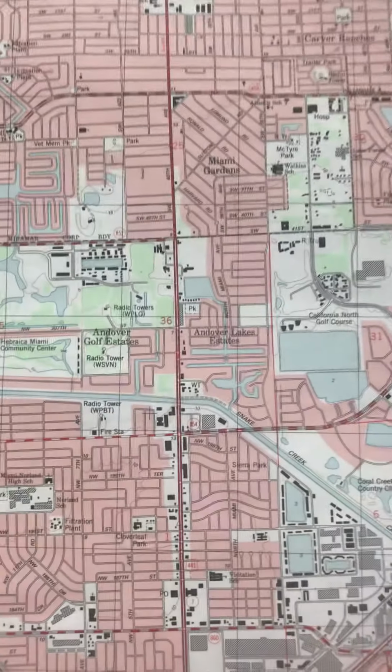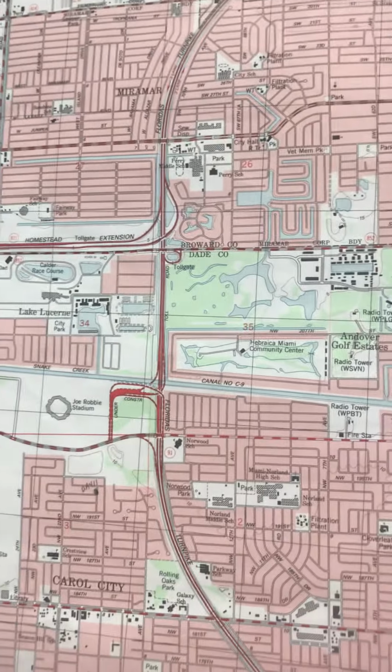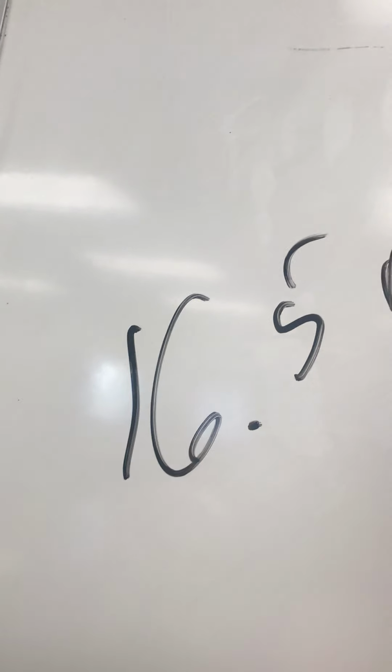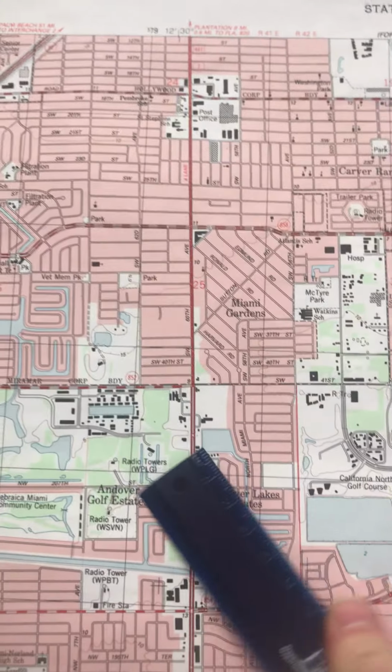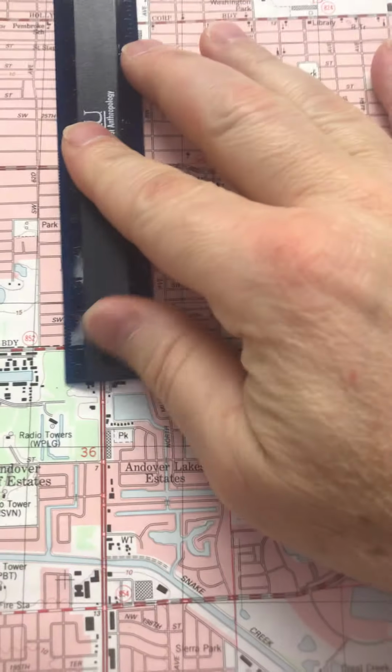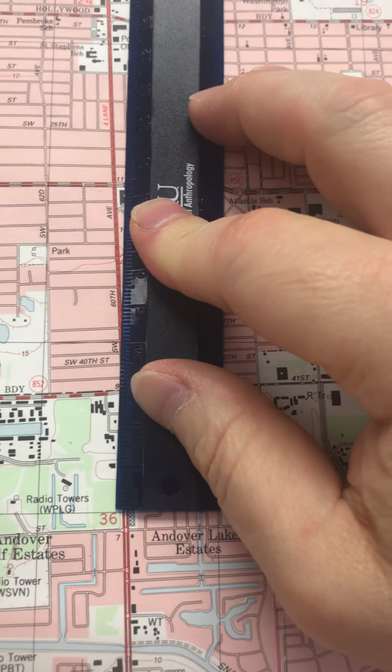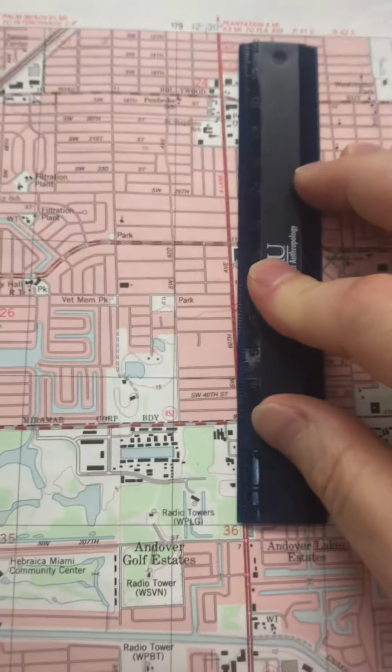So let's write that down: 16.5 millimeters east. And then we're going to measure north from the UTM line here to the same building.